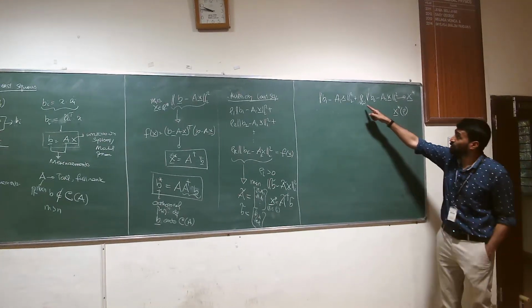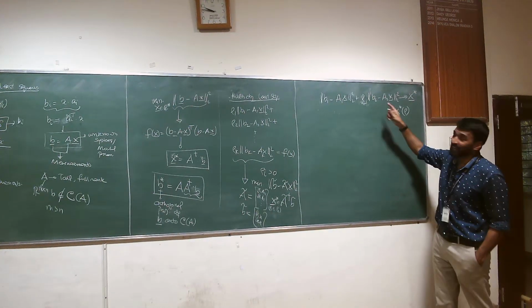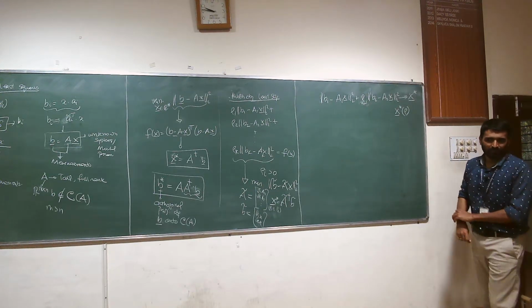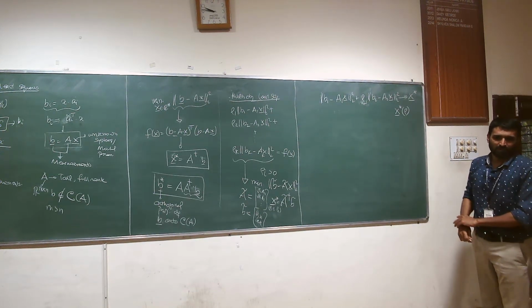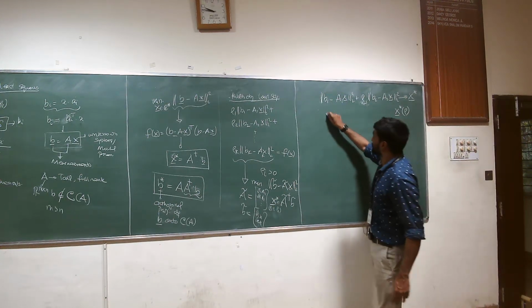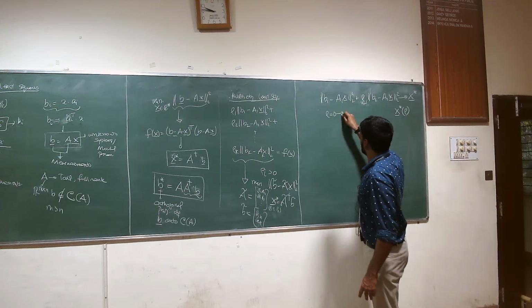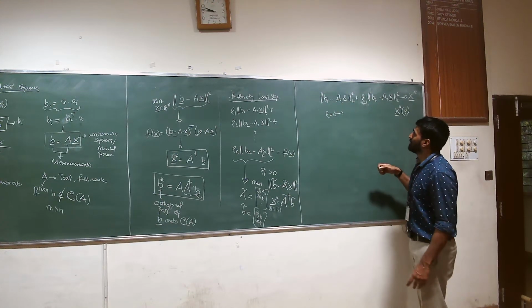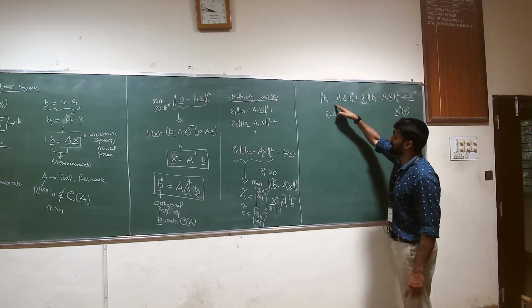What happens when rho is 0? Let's assume A1 and A2 both are full rank. So what will be the solution when rho is 0? It will be the minimization of this problem.